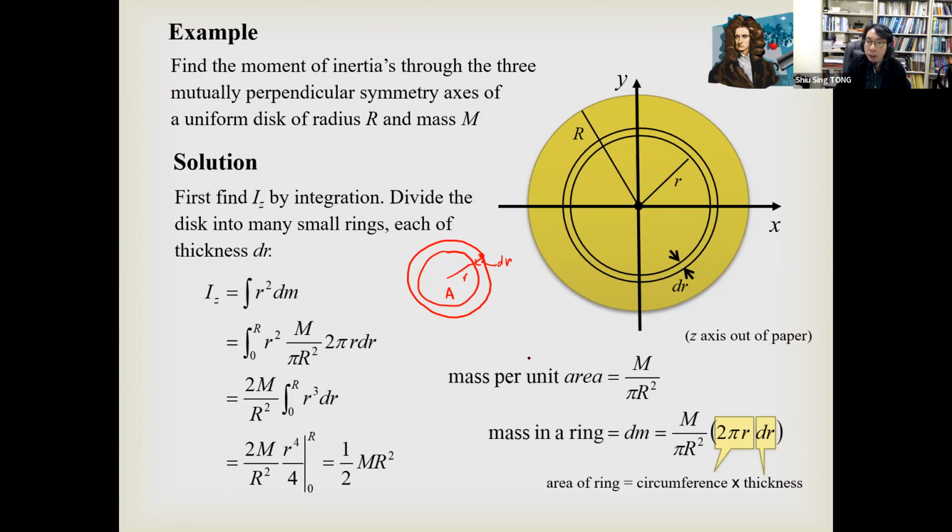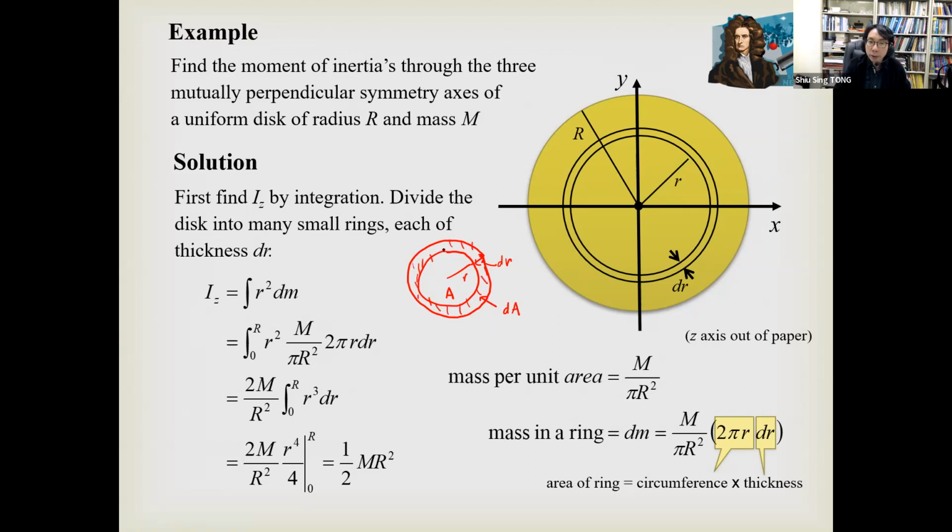Originally, the area is A. If I extend the circle by increasing its radius r, the increase in area is dA, which corresponds to the area of the ring.